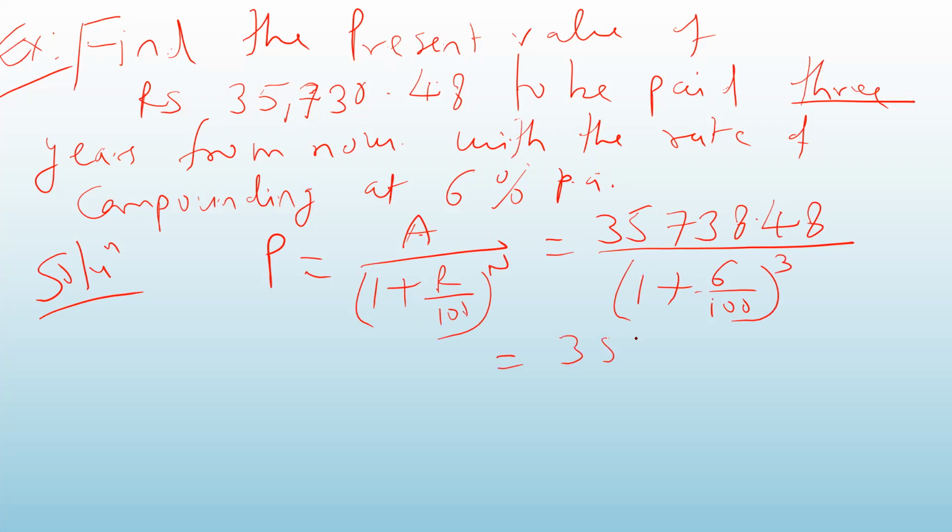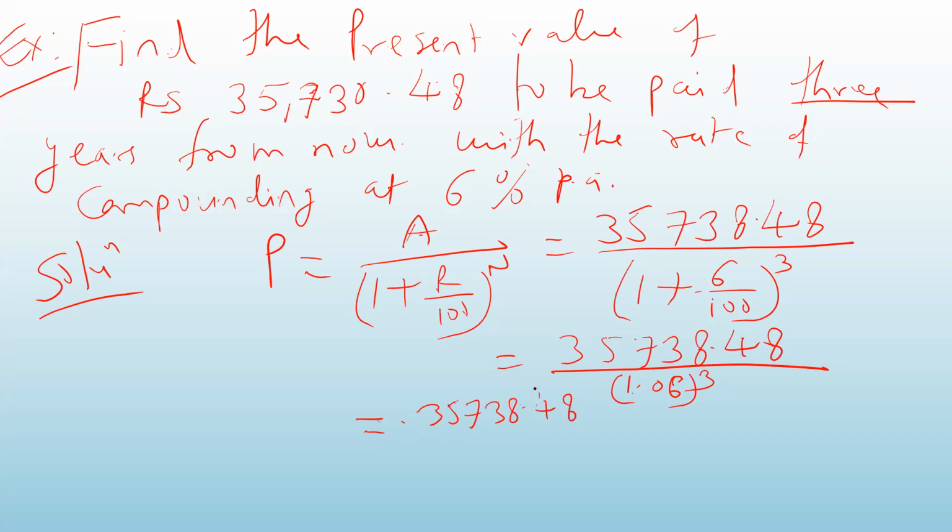Calculate this. 1.06 raised to power 3. That is 35,730.48 divided by 1.06 raised to power 3.